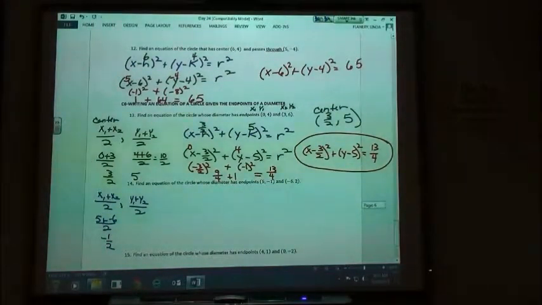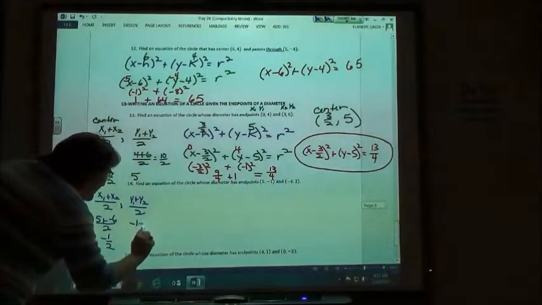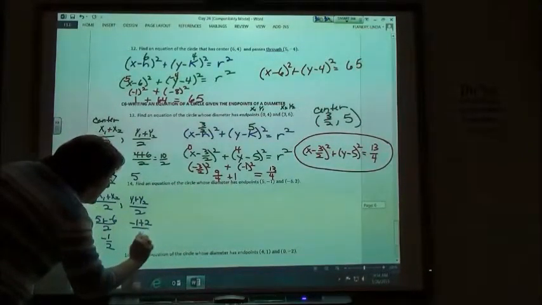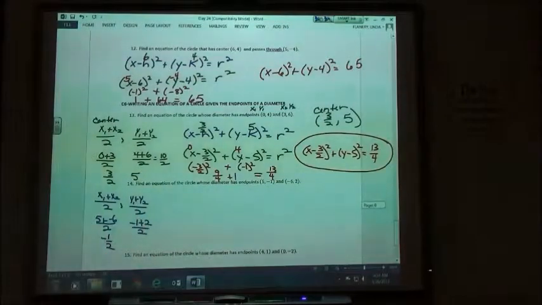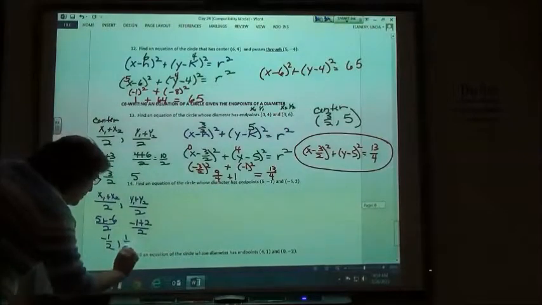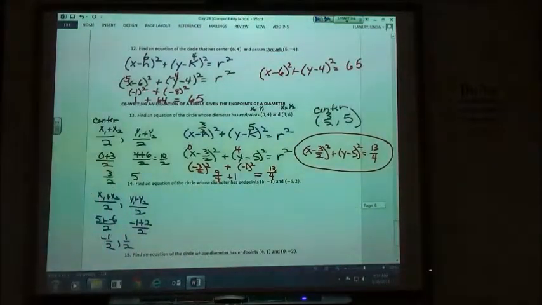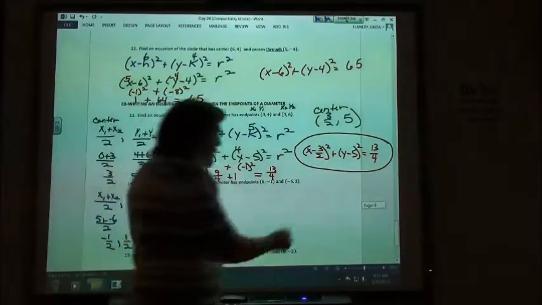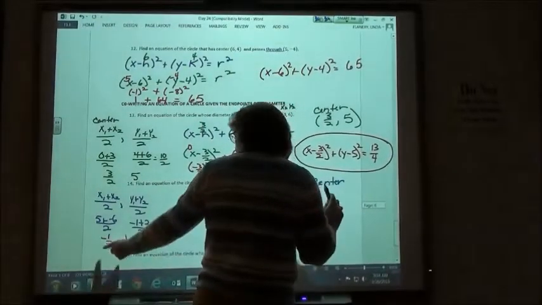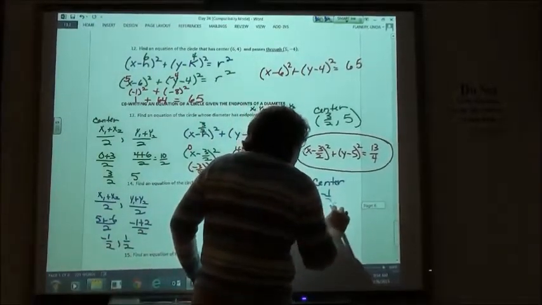Okay, now we got to do our y's. The y is going to be -1, and plus 2. Okay? And a -1 plus a 2 gives me 1. 1/2 now. So this time my center has 2 fractions. My center is at -1/2, +1/2.